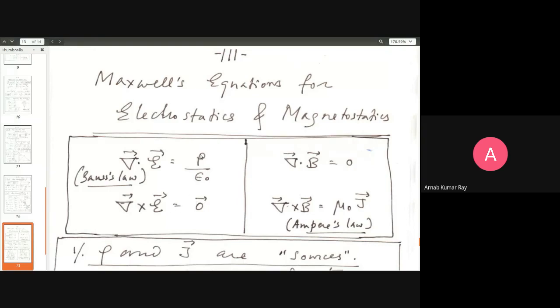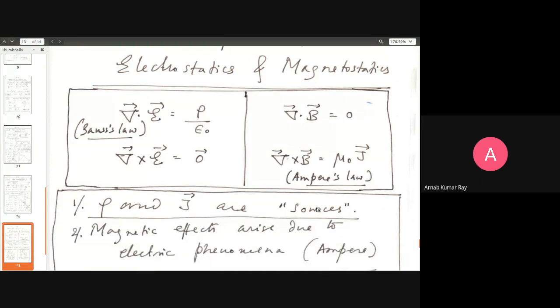If you look at these 4 formulae, what did I tell you about electromagnetic theory? You just have to work with 2 vector fields, namely the electric field and the magnetic field. Right, electric field as in E, magnetic field as in B. The Maxwell equations are simply these: the divergence of the electric and the magnetic field, the curl of the electric and the magnetic field.